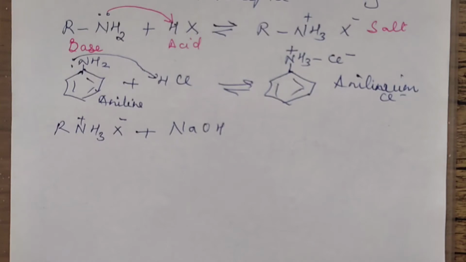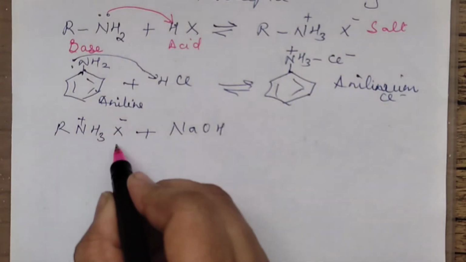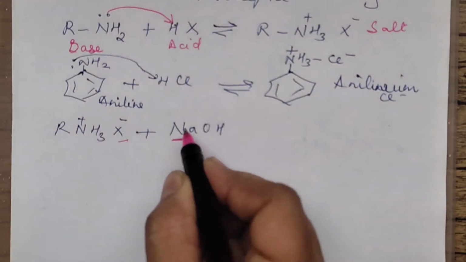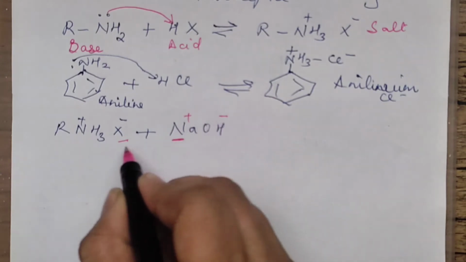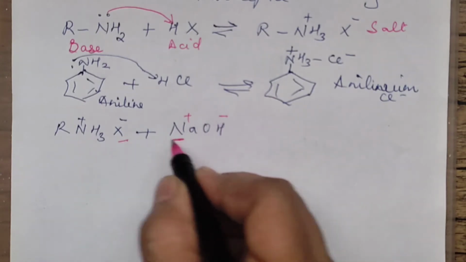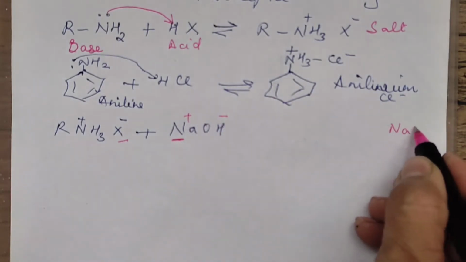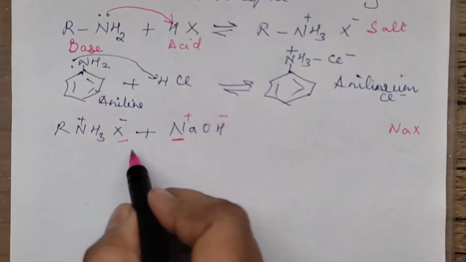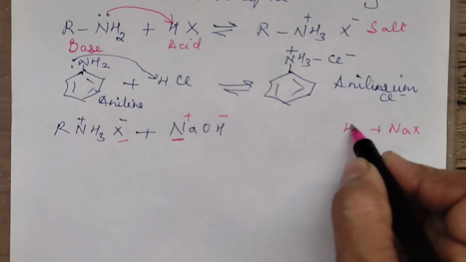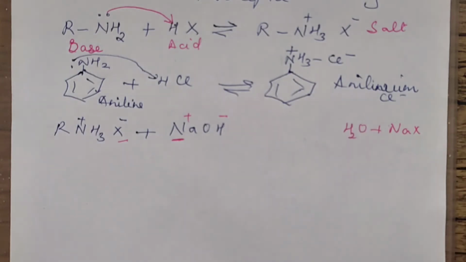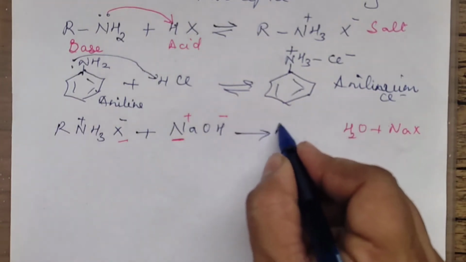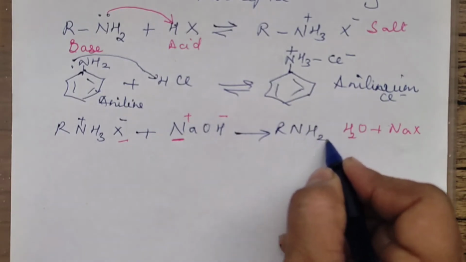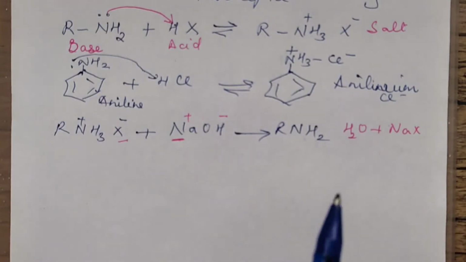Here there is Na and this X. Na is positive, this is negative, so this will react and come out as NaX. Now this OH minus will have a tendency to pull the H from here. That means water is formed, and you will get back RNH2. That means we have obtained a primary amine.